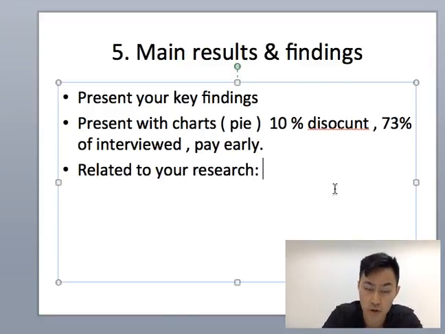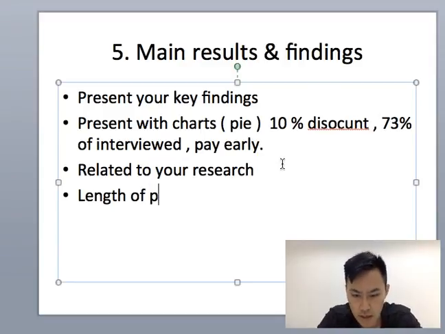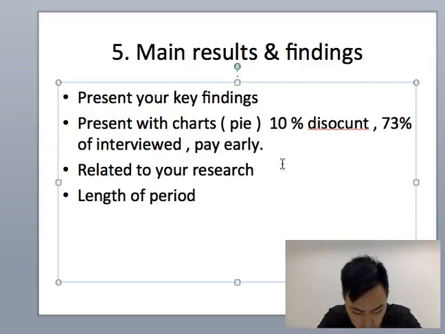Yeah. So our research question is always like, should the XYZ company provide financial incentives to encourage early payment to improve working capital, right? So in that case, we have to make sure the results are related to the research, right? So for example, let me give you one more, like the length of period, right? We can also research the length of period in the company.